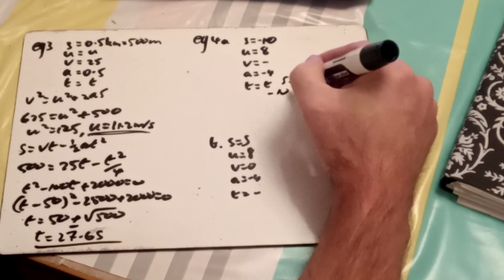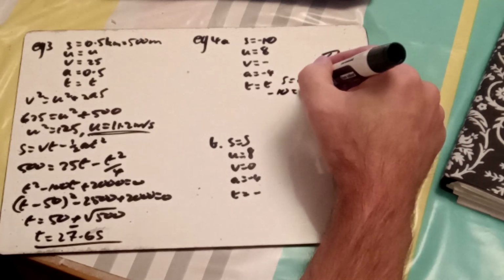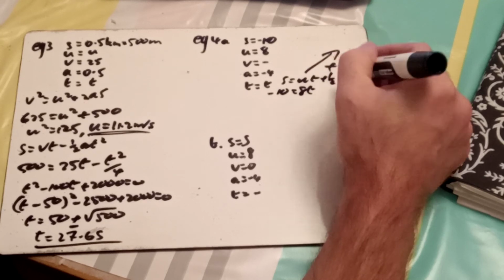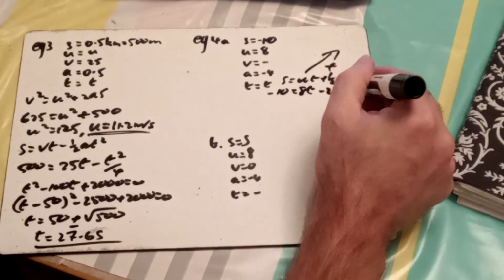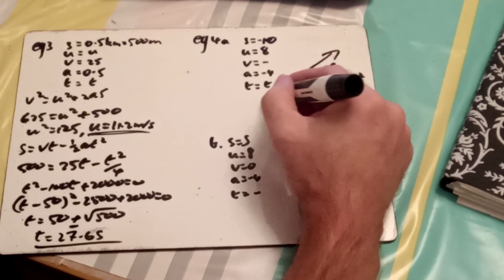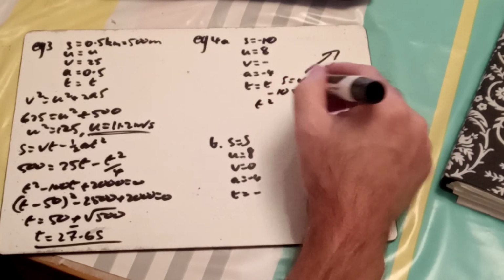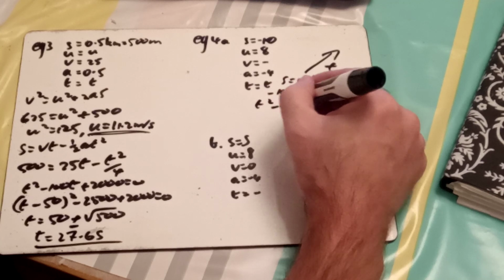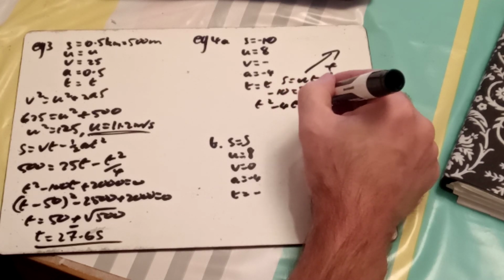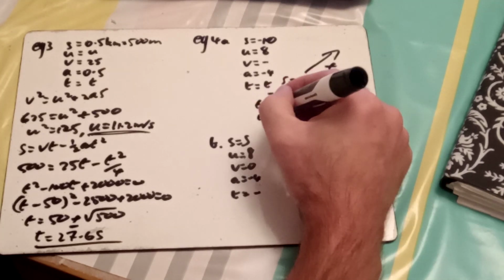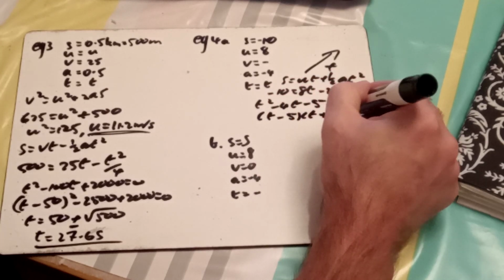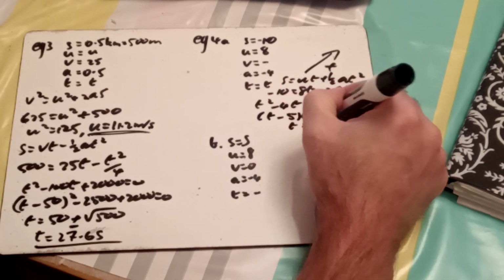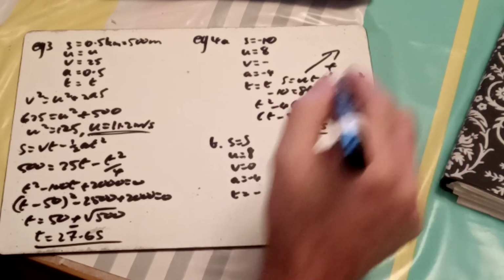So minus 10 equals 8t and then minus 2t squared. I can move it across to be positive and halve it: t squared minus 4t minus 5 equals 0, and I've got (t minus 5)(t plus 1) equals 0, t equals 5 seconds because it's a time and we can't have a negative time.